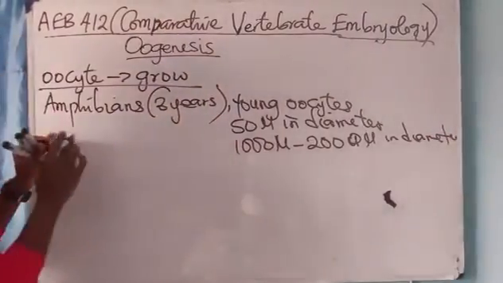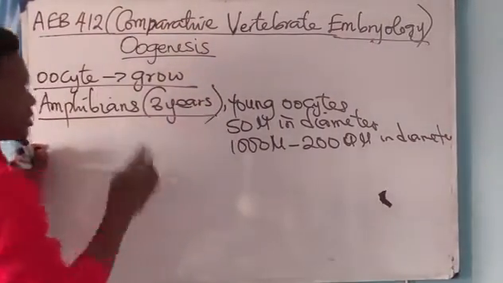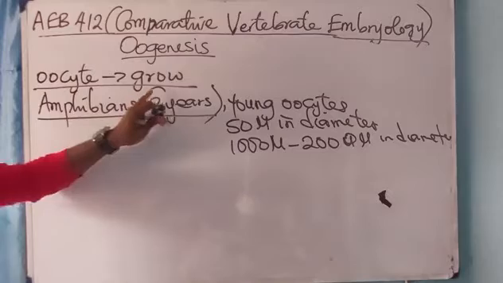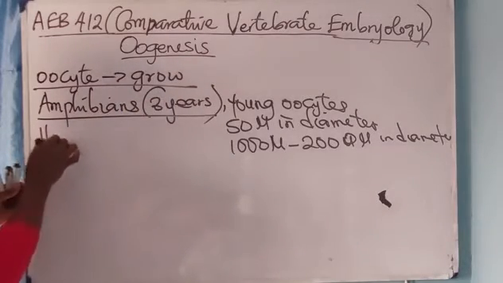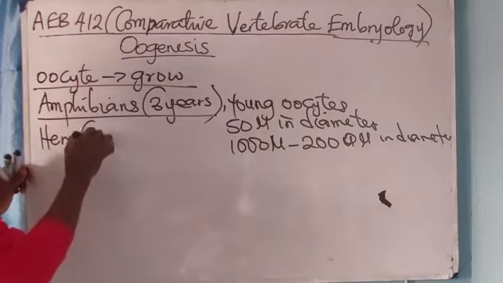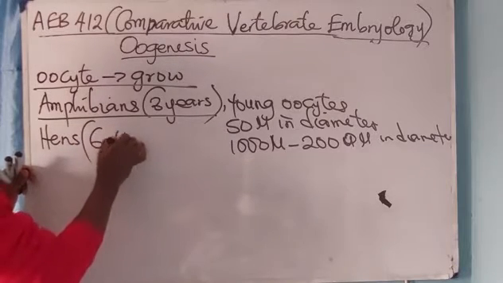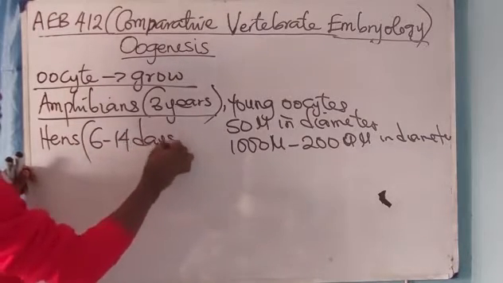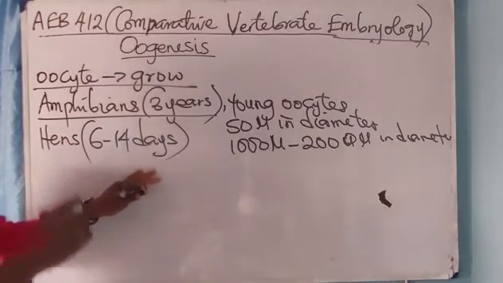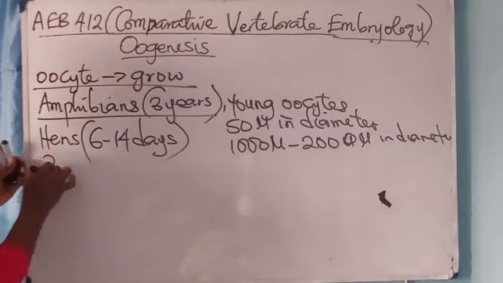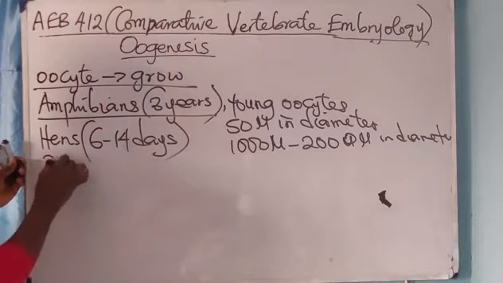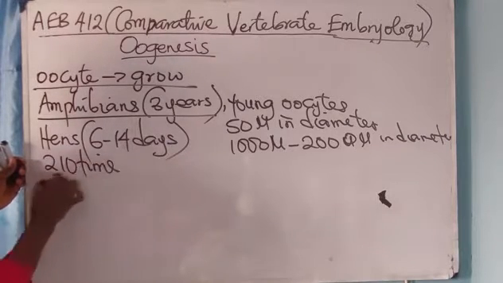In amphibians, it takes 3 years for the oocytes to get to maturity, for them to grow completely. But in hens or chickens, it takes 6 to 14 days. During this process, the oocyte will increase in volume about 210 times.